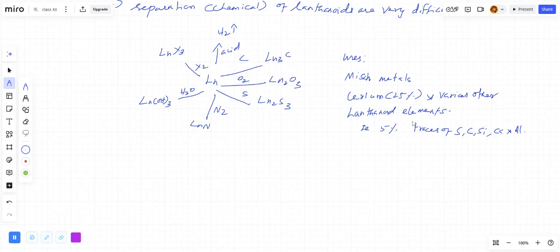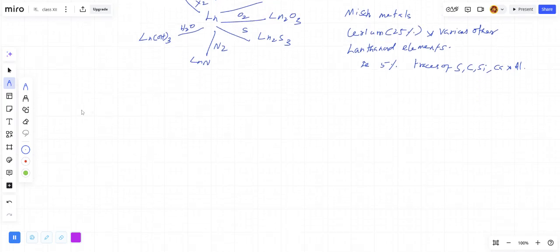Misch metal is used in guns and bullets, making it very useful. So this is all about lanthanoids.